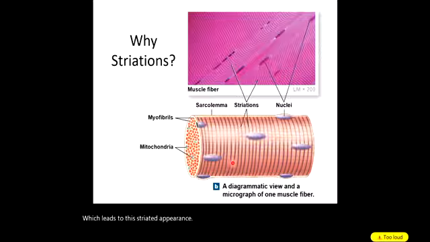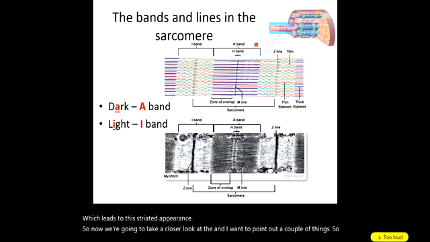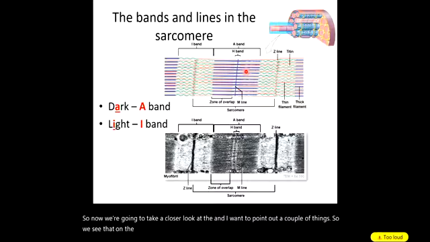So now we're going to take a closer look at the sarcomere, and I want to point out a couple of things. On the top is a cartoon of the sarcomere, and below is the electron microscopic image of the sarcomere.